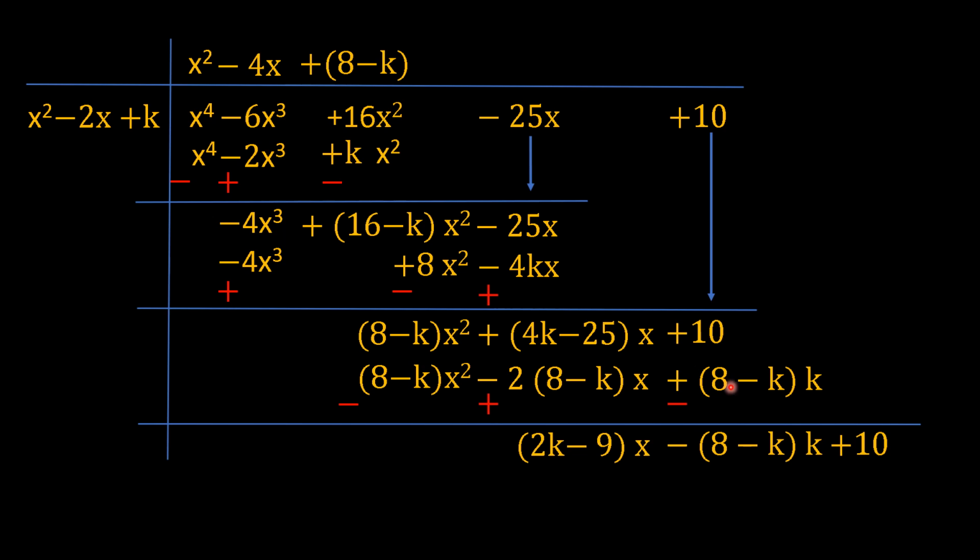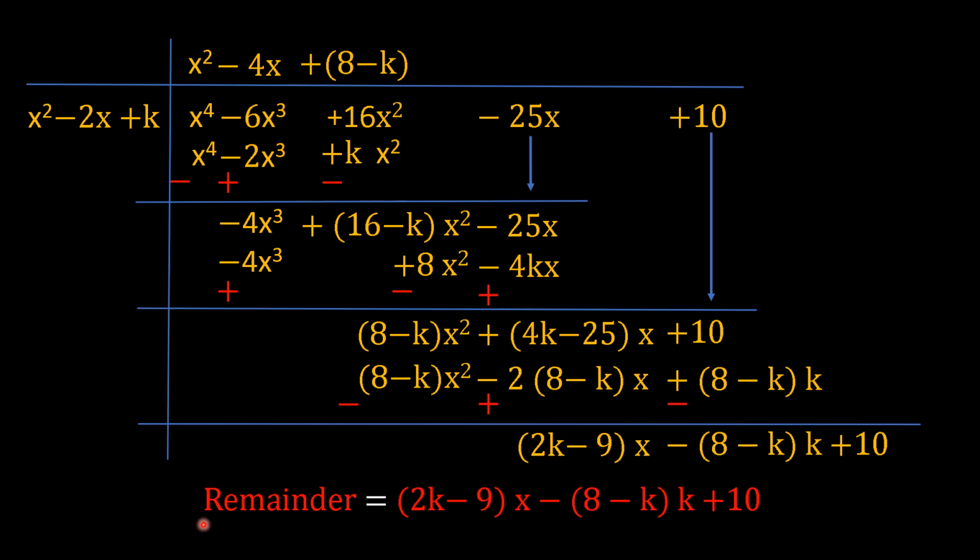After that this will be, see here, minus (8 minus k) times k, which is this, and plus 10, which is this. So we get the remainder (2k minus 9) times x minus (8 minus k) times k plus 10.